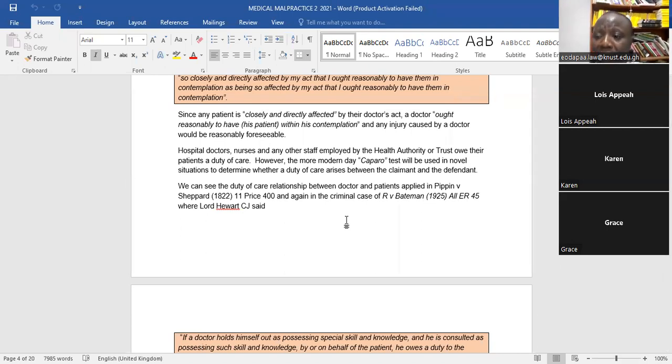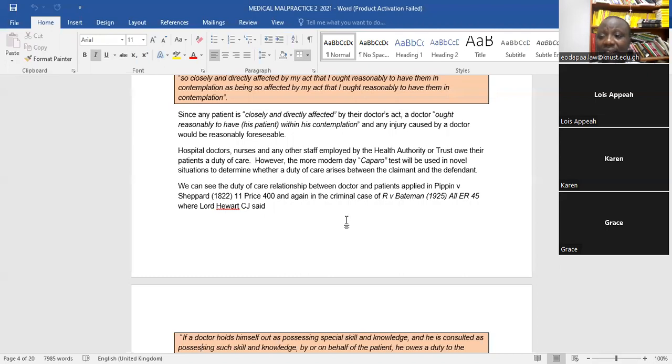And again, we also said that it is not enough to show that there was a duty of care, but more importantly, you should show that with respect to the particular treatment, diagnosis, or procedure in question, there was a breach of that duty of care. And for that matter, you have suffered a certain injury. So there must be a consequent injury or resultant injury, as it were.